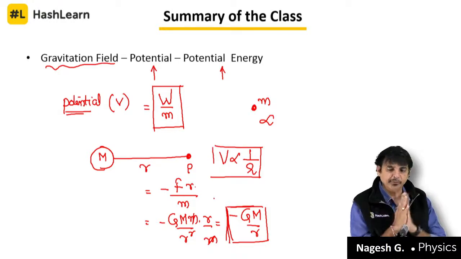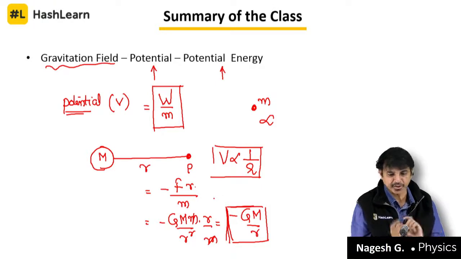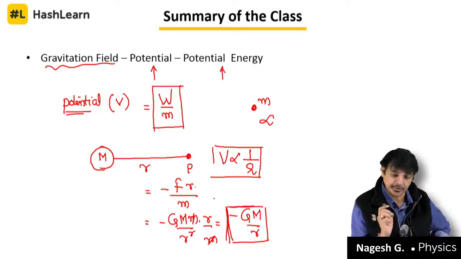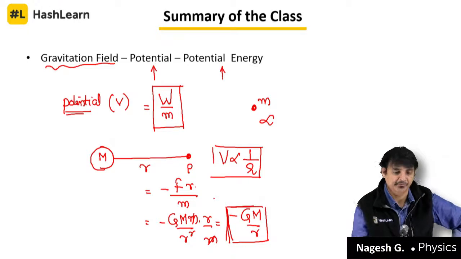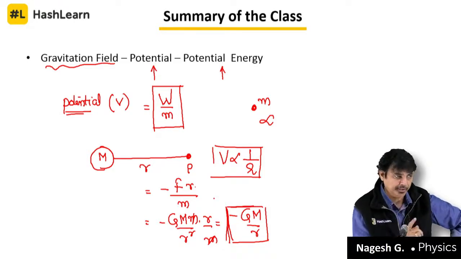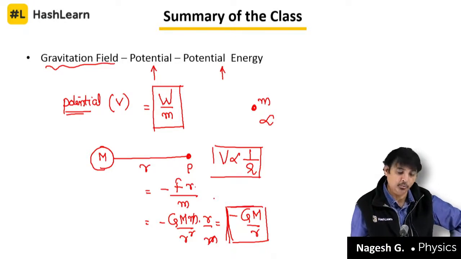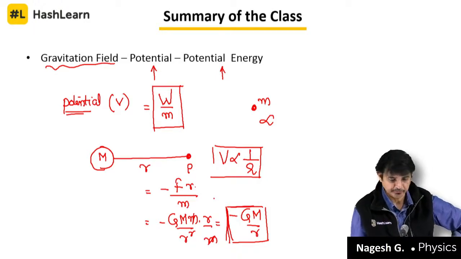Now what is the difference between the potential and potential energy? Potential energy is defined as work done in bringing the entire mass. Here if you keep the mass as a unit, it is called potential. If you treat the entire body mass from infinity to the point under consideration, we call it potential energy. So potential is different, potential energy is different.